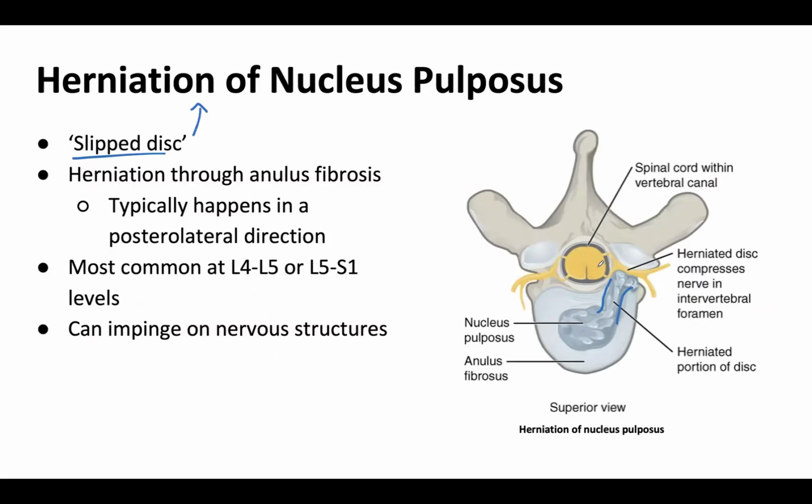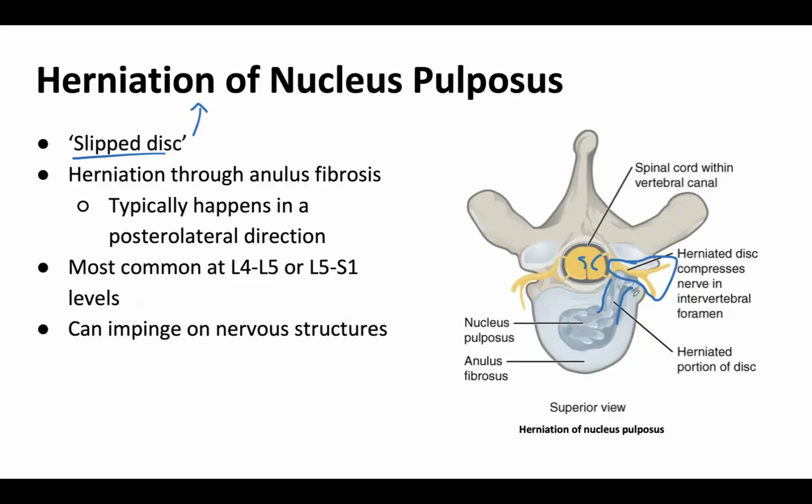But as can be visualized in this image on the left, when this herniates in this direction, that's right towards the spinal cord, as well as the more proximal portions of the peripheral nervous system. So the spinal nerve exiting that intervertebral foramen. So it can compress upon this nervous tissue, and that can lead to pain. Sometimes it can lead to weakness in muscles. So it can cause all types of different issues.